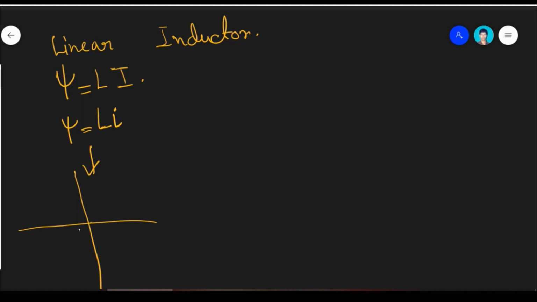Like you may have a curve with very poor slope. This slope in the psi-I plane gives us the inductor. So for an iron core, you may have something like this.